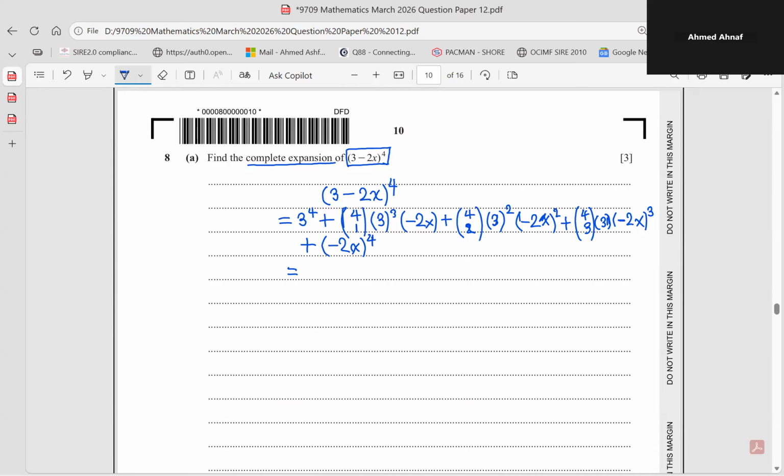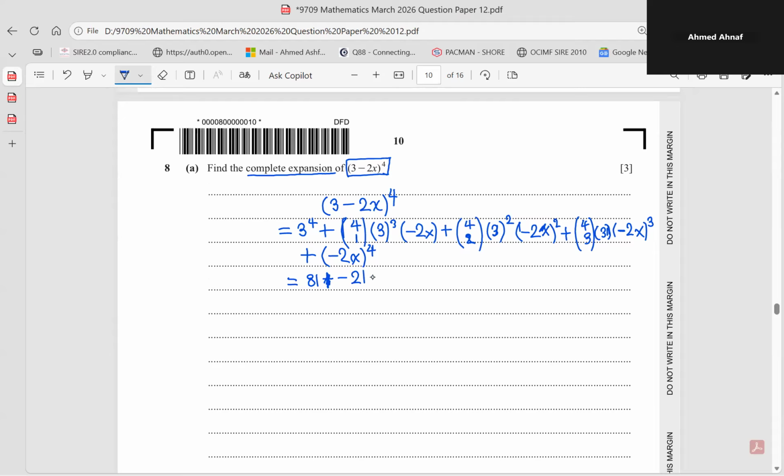So let's simplify this. So 3 to the power of 4 is 81, plus 4 choose 1 times 3 to the power of 3 times negative 2, that is minus 216x.